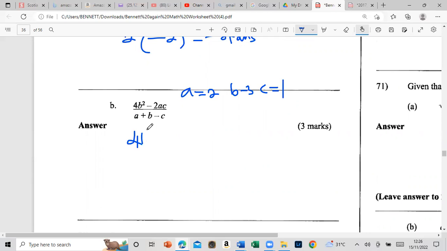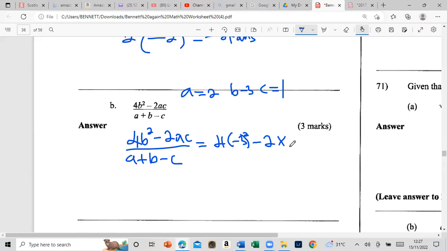4B squared minus 2AC, over A plus B, minus C. Alright, so let's go. So it's 4 times the value of B, which is negative 3, so that's negative 3 squared, minus 2AC.